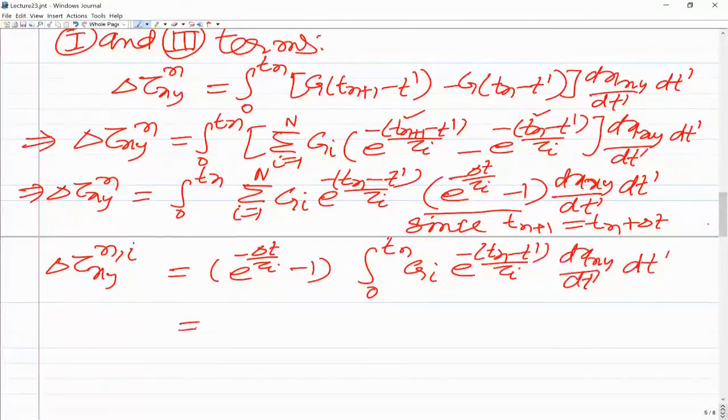Now, as we earlier used sxx, we want to write this in terms of delta sxy.